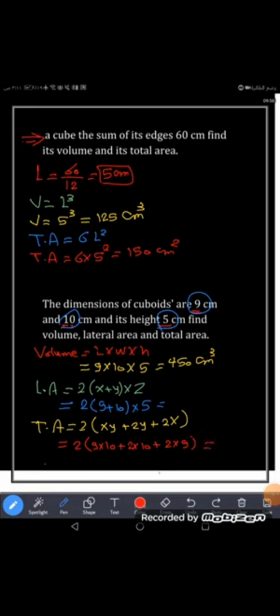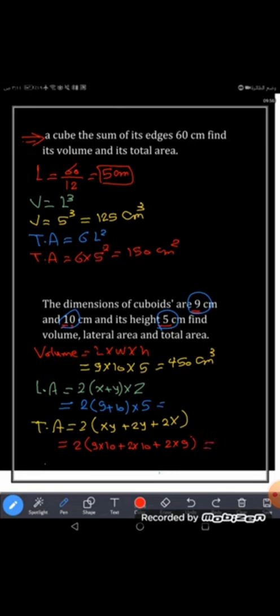Then we can say 2 open brackets 9 plus 10, length plus width, by 5. 10 plus 9 equal 19 by 2 equal 38. 38 by 5 equal 190.